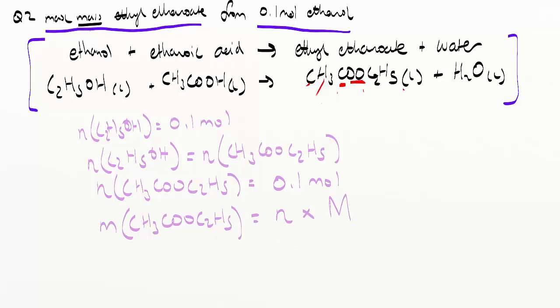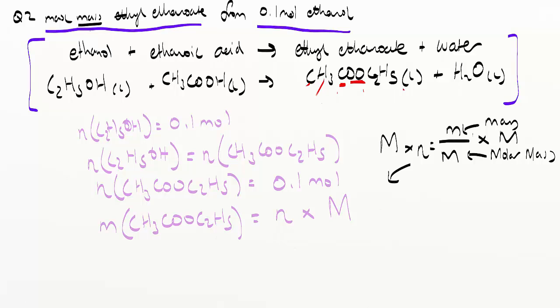And if we recall back to year 11, there's this equation, n equals small m on big M, where small m was the mass that you had, and big M was the molar mass, right? So if we just rearrange this equation by multiplying both sides by big M, we see that these two cancel out, and we get mass equals number of moles times molar mass.